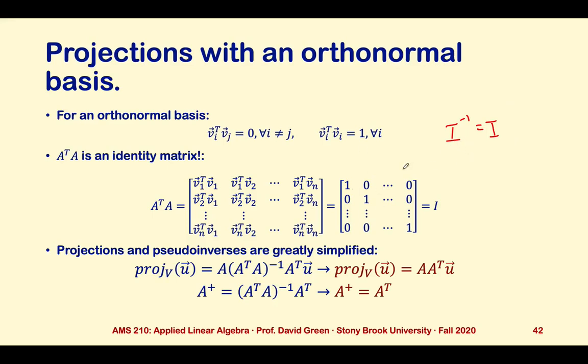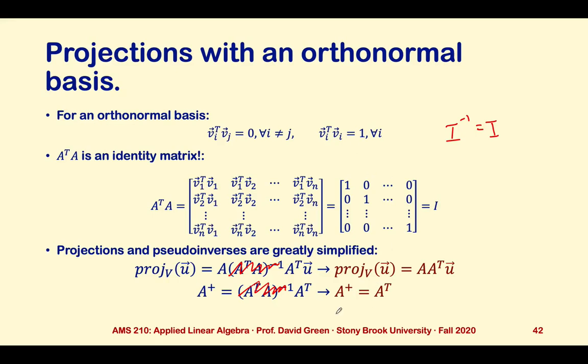And so what this result means is that when we have an orthonormal basis, this A transpose A term simply disappears. We essentially remove it from the projection. We remove it from the pseudo-inverse. We end up with a result that the projection is simply A times A transpose U, a double matrix product, and the pseudo-inverse is just the transpose.